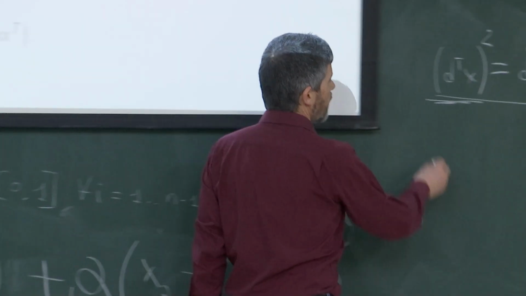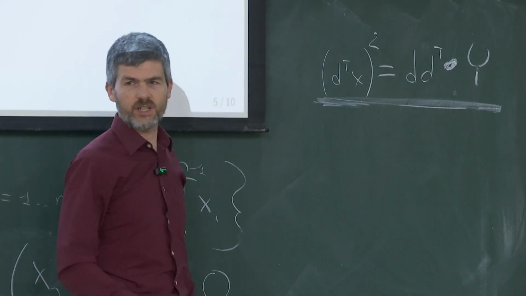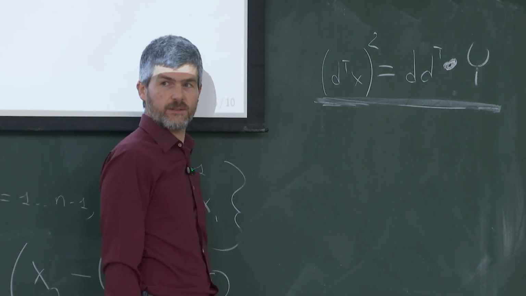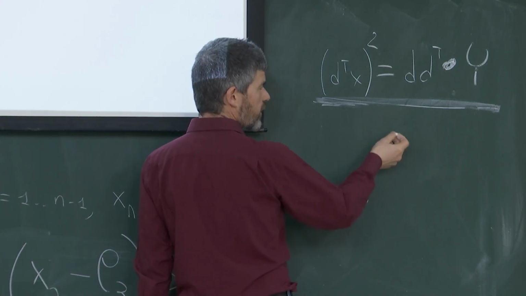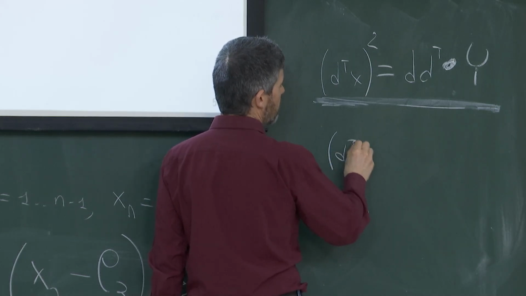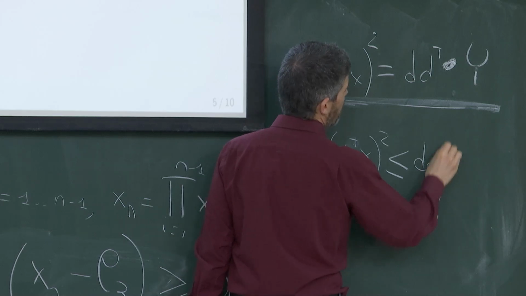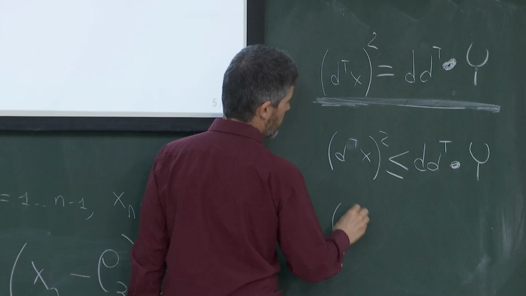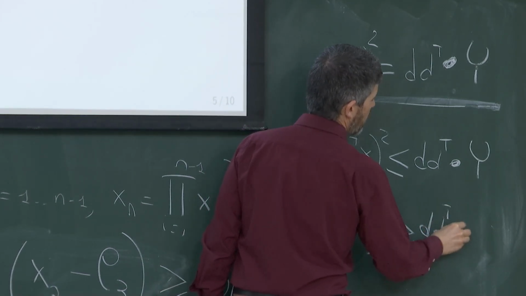This constraint here by itself, simply because we took a matricial non-convex constraint and we just took an inner product with a matrix, is also a non-convex constraint. This non-convex constraint is the intersection of two constraints: D transpose X squared less than or equal to D transpose inner product Y, and D transpose X squared greater than or equal to D transpose inner product Y.